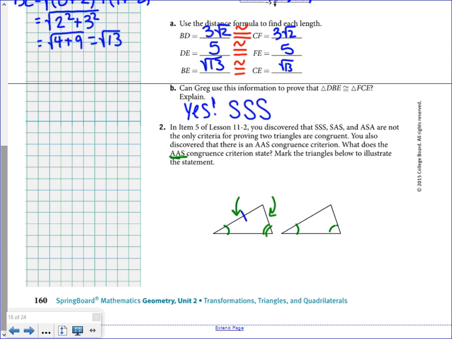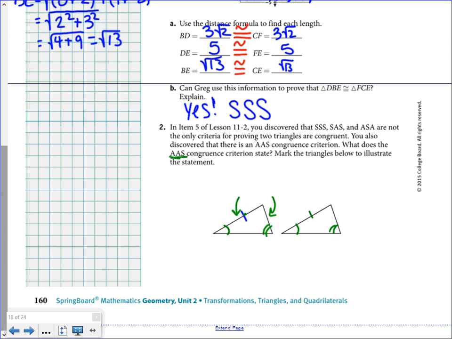So here are my two angles, and if I pick this angle over here on the right, I have to pick that same angle on the left there. So that would be an example. And since we have two angles and the non-included side on both of our triangles corresponding, the triangles have to be congruent.